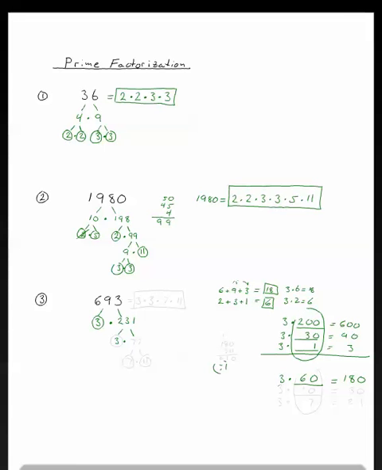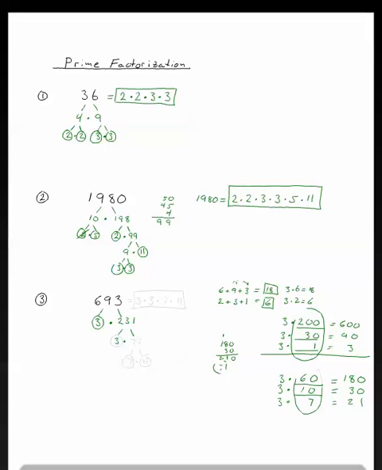Well, I could certainly say that 3 times, let's say 10, would get me my 30. So 180 and 30, that's going to give me a 0, a 1, carry the 1, and 2. That would give me 210. So I need 21 more to get from 210 to 231, and 3 times 7 is 21.